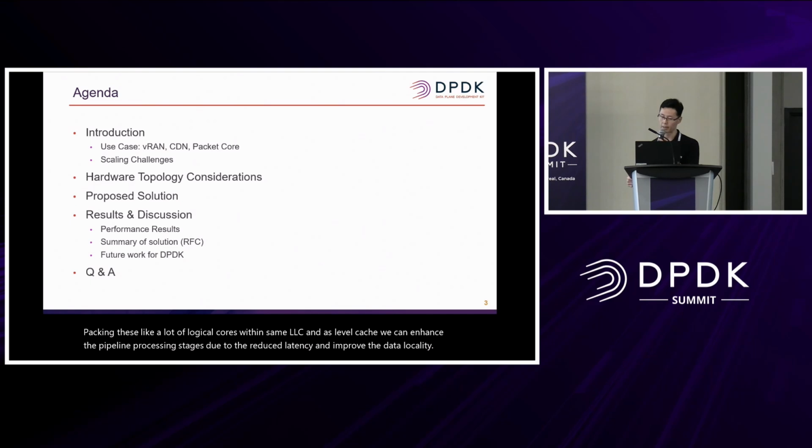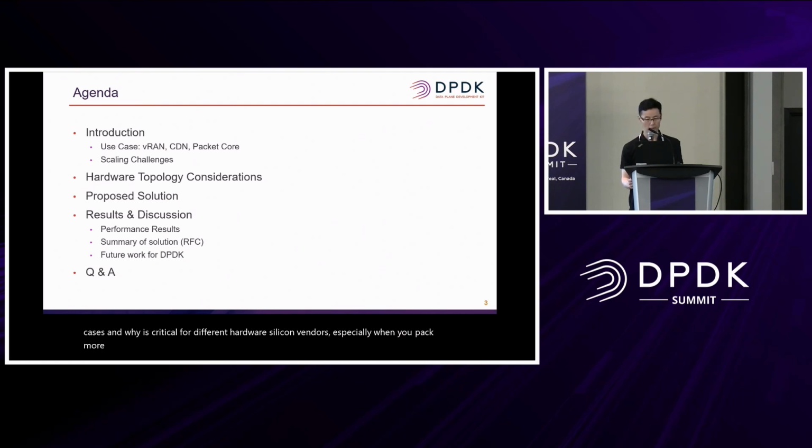To leverage these benefits, we're going over some typical network application use cases and why it is critical for different hardware silicon vendors, especially when you pack more execution and compute cores in the compute complex die, or compute tiles. Now I'm going to explain how the DPDK libraries and examples can utilize the localized L cores.